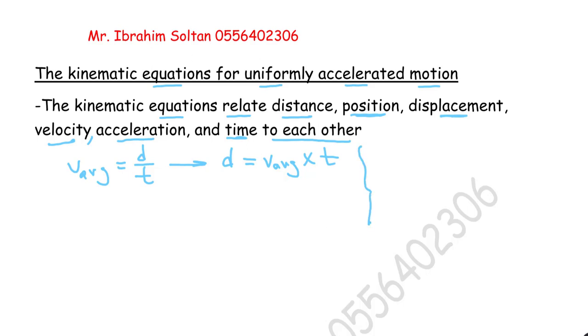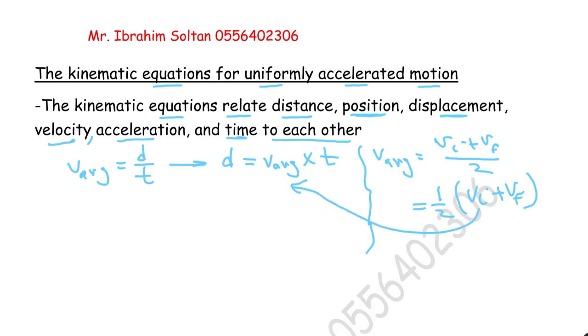And how to calculate V average? V average equals V initial plus V final over 2, meaning initial velocity plus final velocity over 2, or we can write it as half V initial plus V final. So distance equals half V initial plus V final times t.